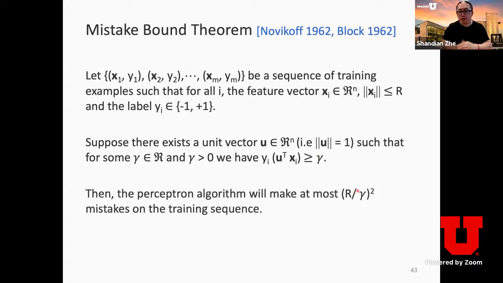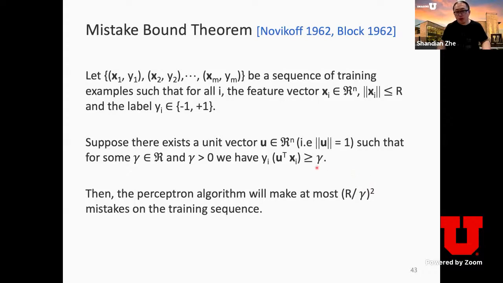Given these two conditions, first, our data set has finite span: the norm of each input vector is upper bounded, it's not infinitely large. Secondly, this data set is linearly separable and has at least one separating hyperplane with margin at least gamma.